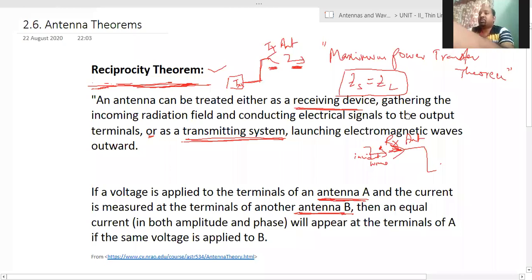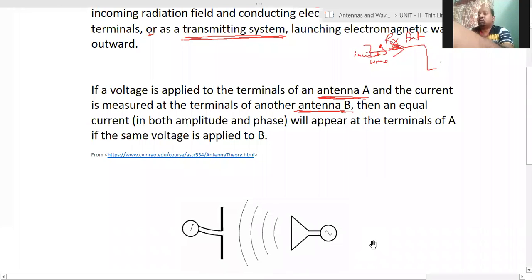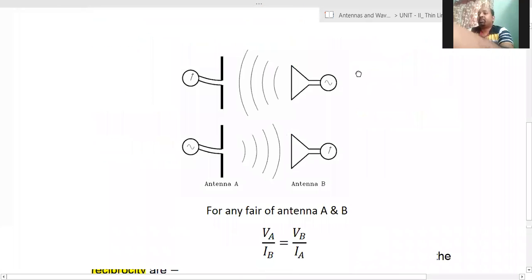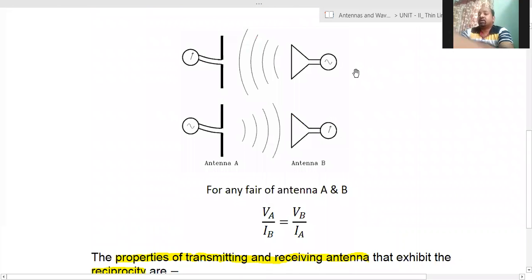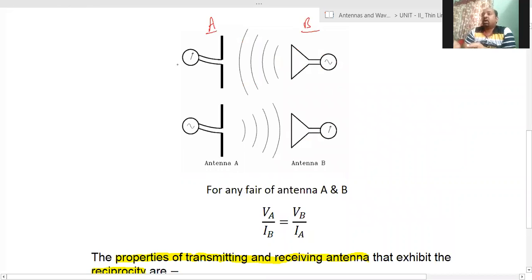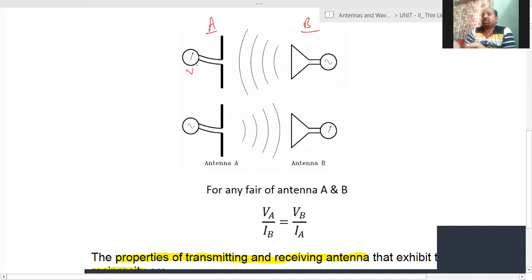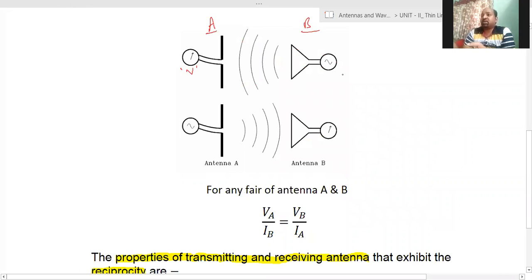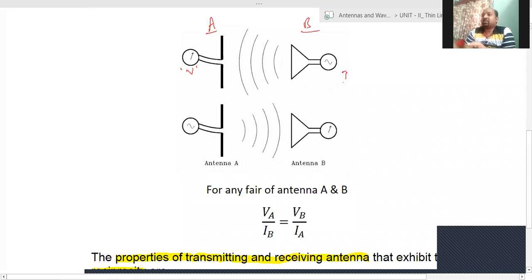Let me explain very clearly. I have shown a figure here, and you can understand very clearly by looking at it. This is antenna A, and this is antenna B. A voltage is applied at the input terminals, and current is measured.